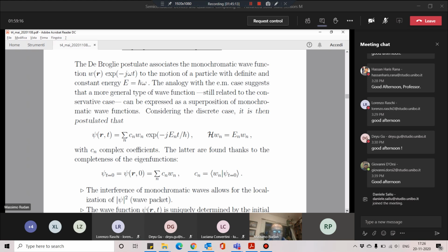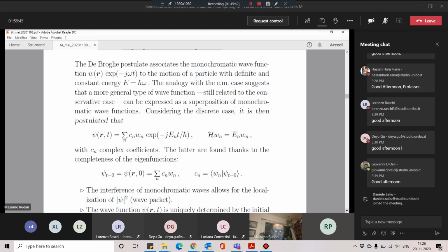Because the global wave function is a linear combination of monochromatic wave functions. This is just a postulate, okay? But it works, okay? So it leads to the correct conclusion: the general wave function of the conservative case is a linear combination of monochromatic wave functions.